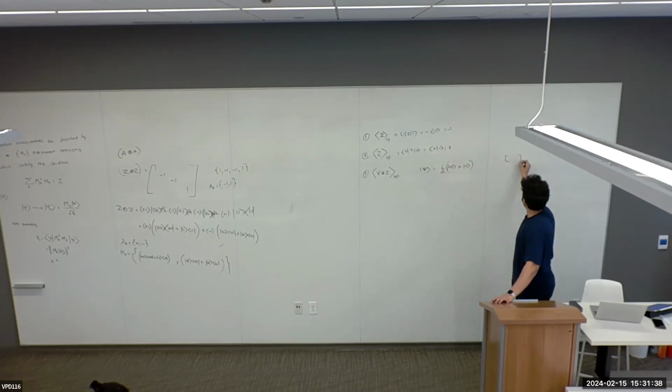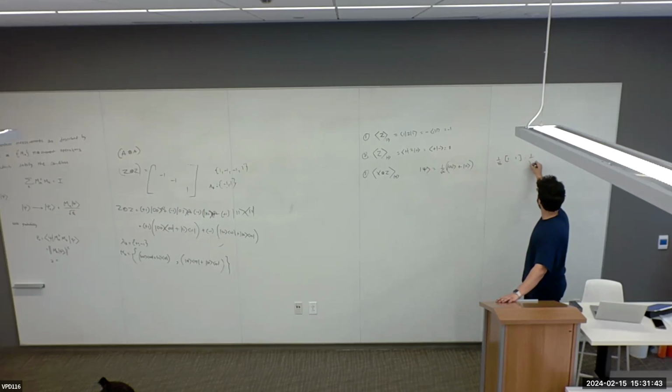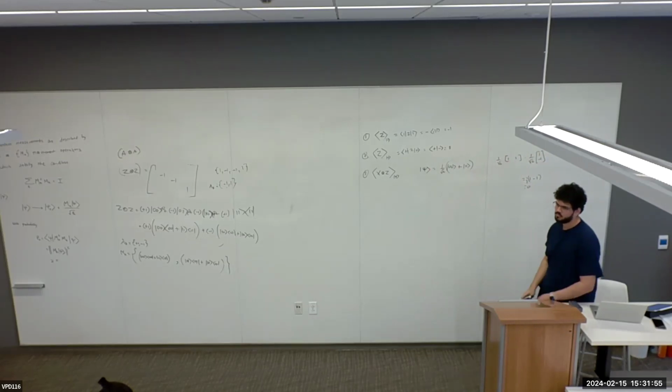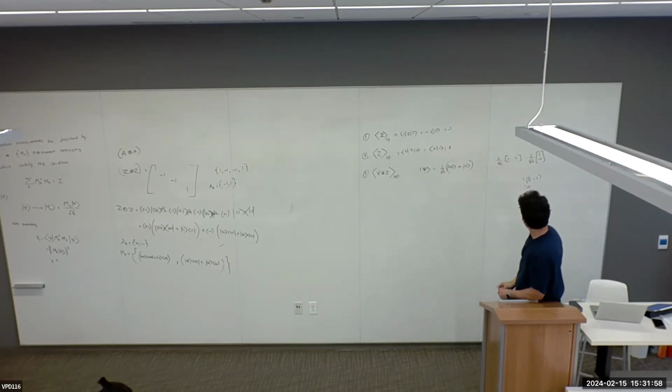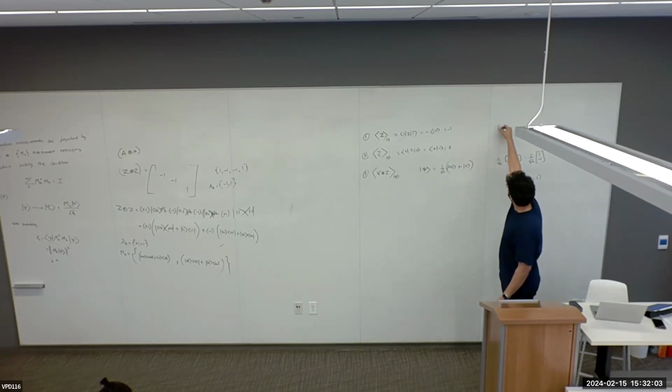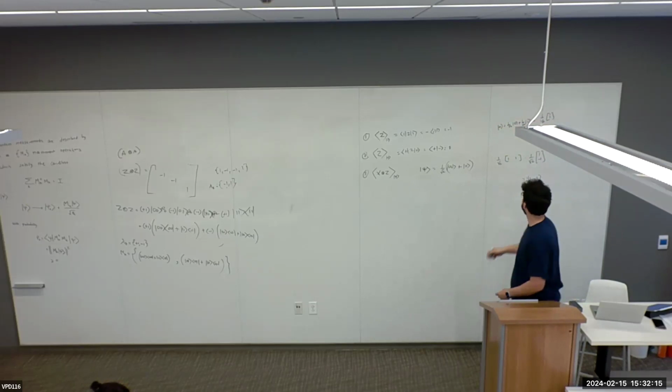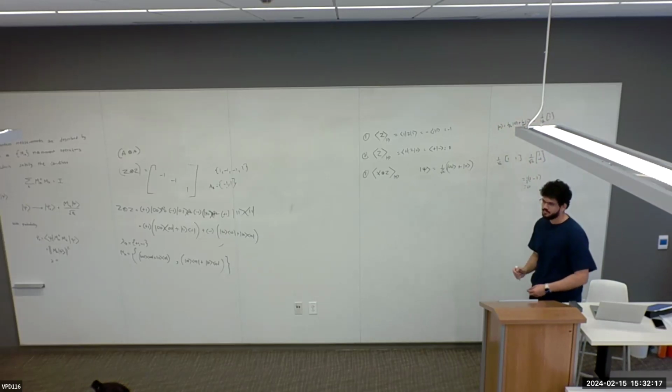Bra plus is just the row vector like this, and the bra minus is this, and then you do 1 minus 1, times a half, which is 0. What is the plus state? It's just this vector. Similarly for minus, you just have a minus sign here and a minus here.